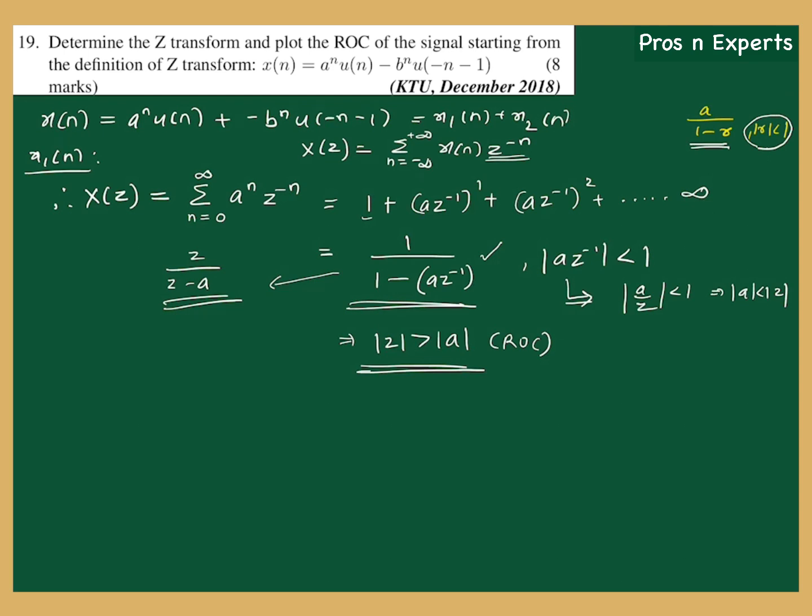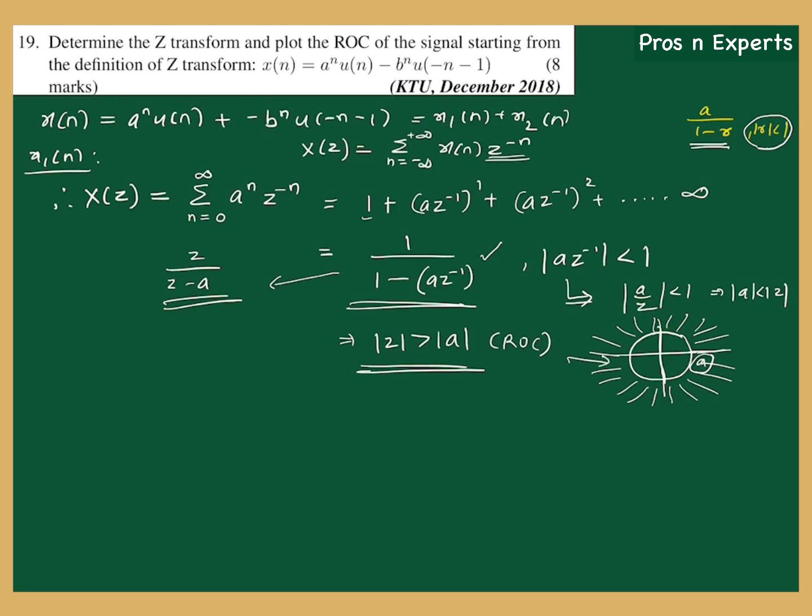Mod z greater than mod a means if you choose a circle with radius a, which is the pole, then all the points outer to the circle whose radius is the pole a. Okay, so this is the ROC.